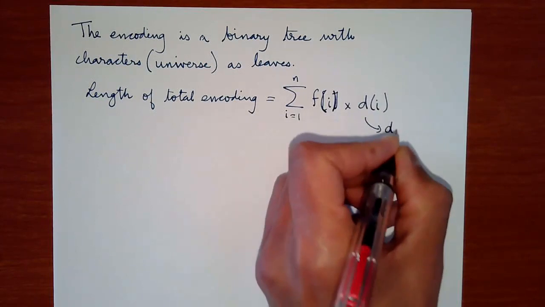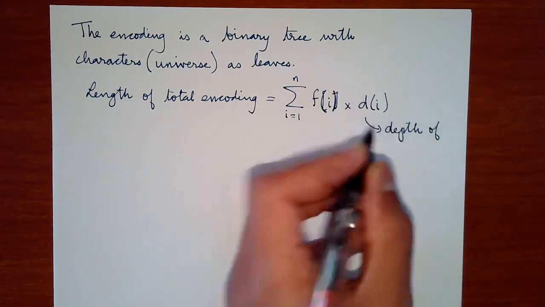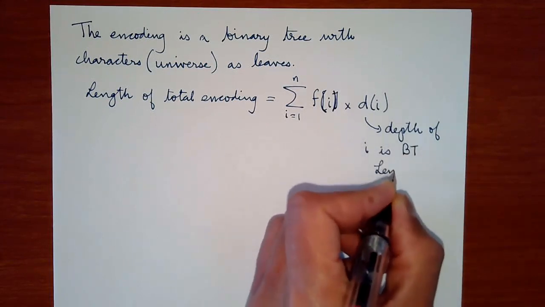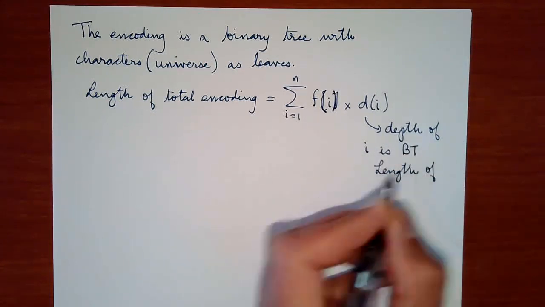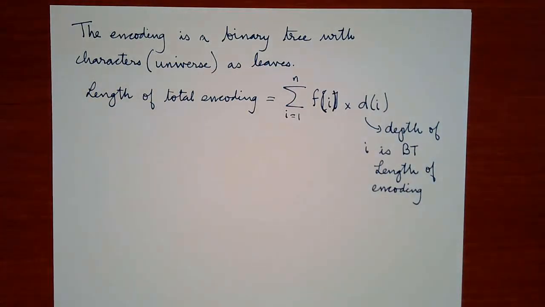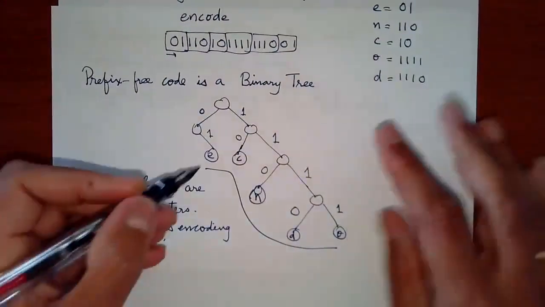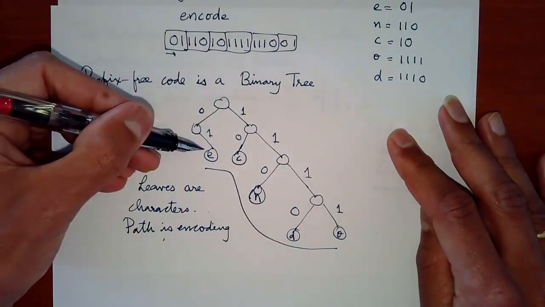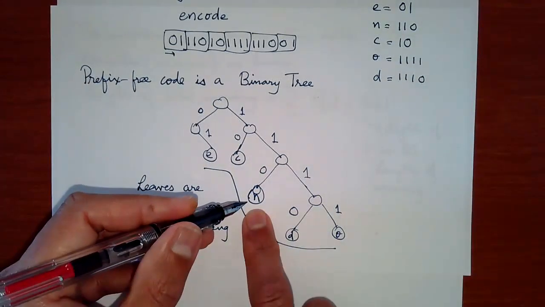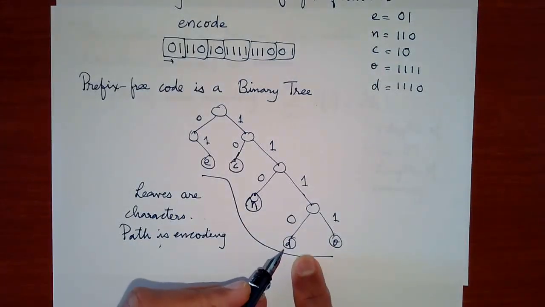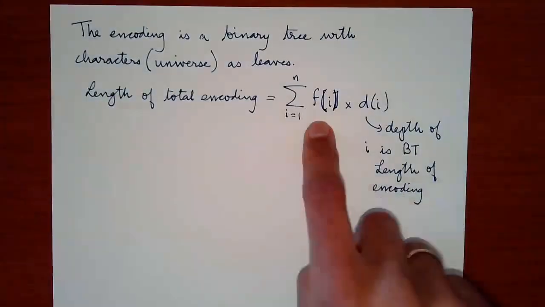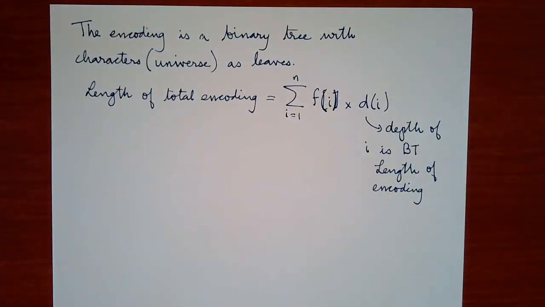So this is the depth of i in the binary tree, which is also the same thing as the length of the encoding. Because if you go back and look at this picture, the length of the encoding is the depth. The length of the encoding of E is 2. The length of the encoding of N is 3. The length of the encoding of D is 4.